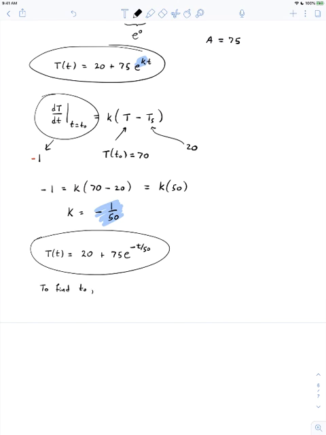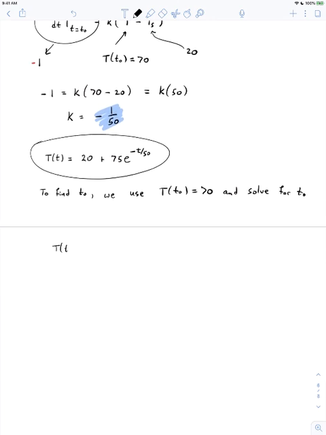So to find t0, we use T at t0 equals 70 and solve for the unknown time, t0.